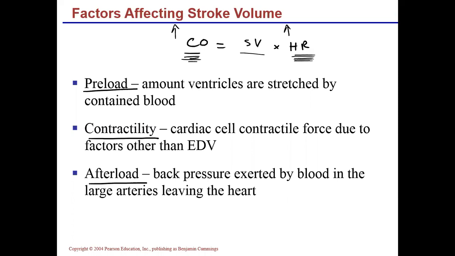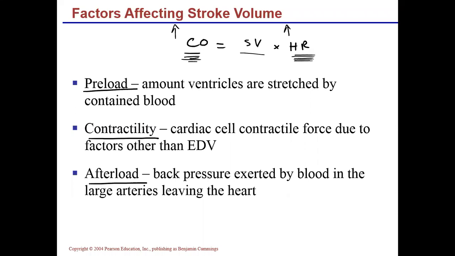In other words, preload is usually referred to as the amount of blood that is coming back towards the heart. If a lot is coming in before they contract, that's called preload. Contractility refers to the force that is required for the myocardium to contract. And finally, you have the afterload. What happens after that?